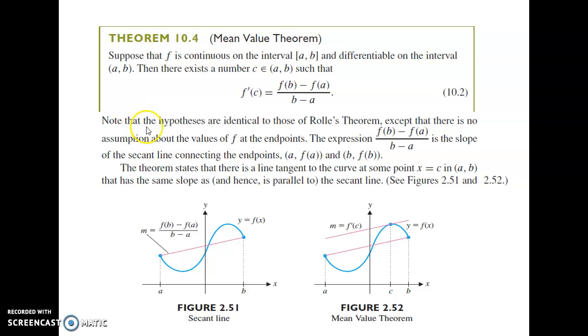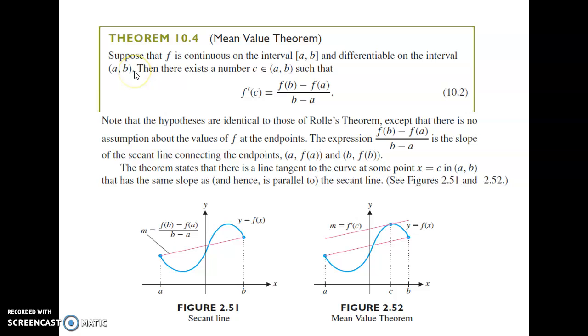So it is the same, except that you see that it is identical to Rolle's theorem, except that there is no assumption about the values of f at the endpoints. So there is no f of a equal to f of b in the mean value theorem, whereas the left hand side is the same, f prime c.